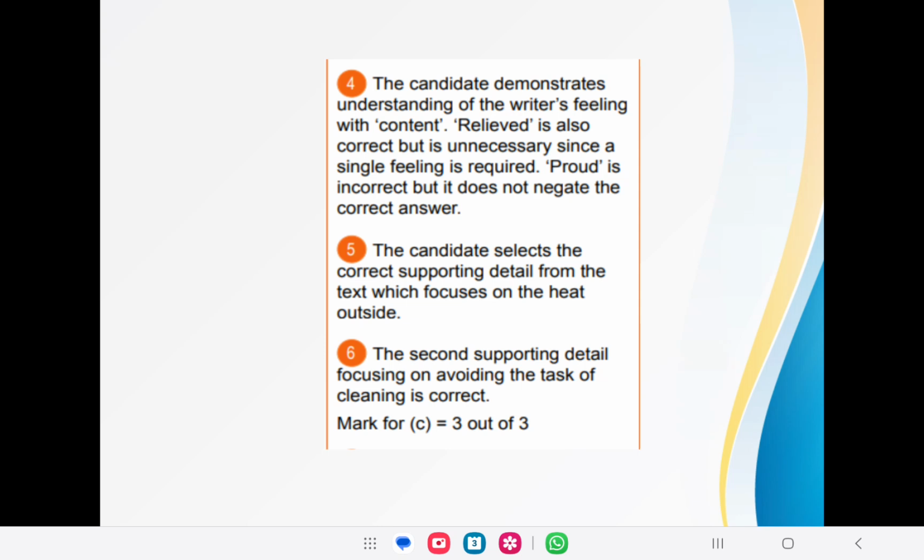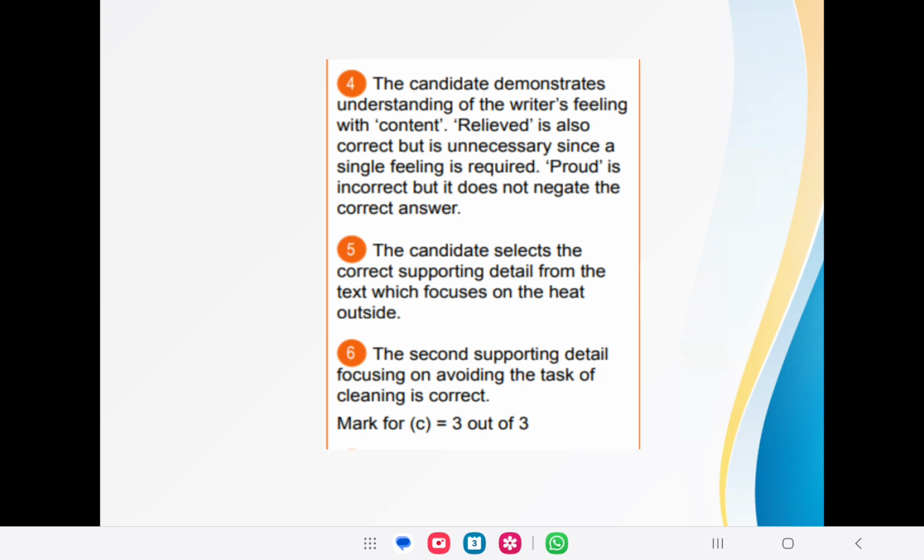Proud is incorrect, but it does not negate the correct answer. Yes, in my opinion, when I'm reading this, when he's saying that I stood there congratulating myself, that shows that he was proud of himself, that I have avoided other tasks, and I've done something that I should be happy about, or I should congratulate myself, or I should be proud of myself.